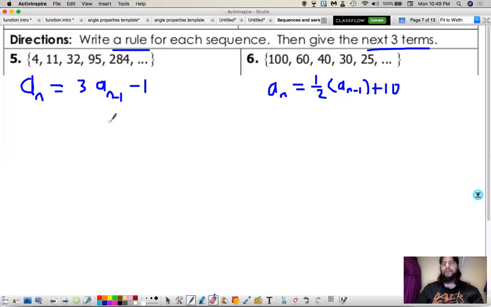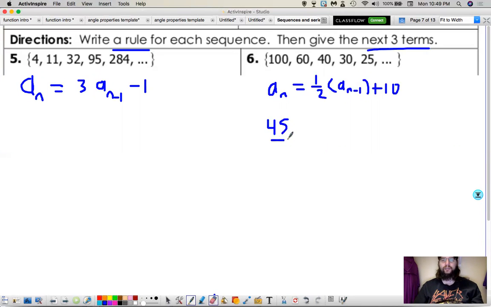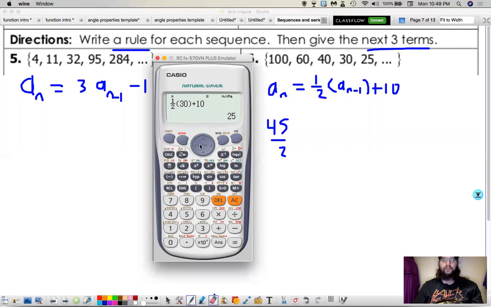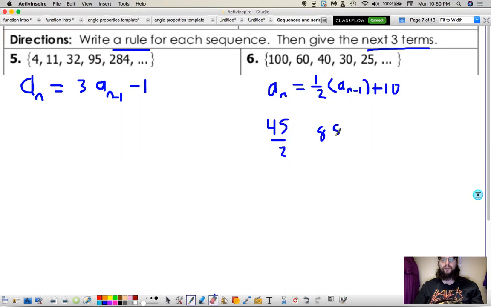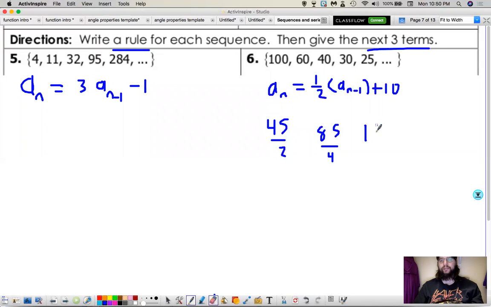I didn't do that for this one. We'll go back to that in a second. So the next term of the sequence is 45 halves. That would answer because the recursive form makes it easier. 85 fourths. 165 eighths. That's the next three terms.